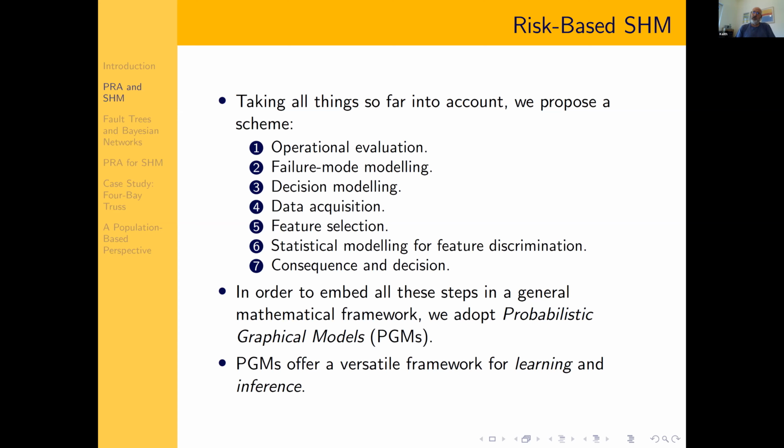Now, in order to embed all of this stuff into a nice general mathematical framework, we're picking probabilistic graphical models here, which other people will call Bayesian networks. It's okay, the same thing. And these are really good from the point of view of probabilistic analysis, machine learning, because they're a very versatile framework for learning and inference.